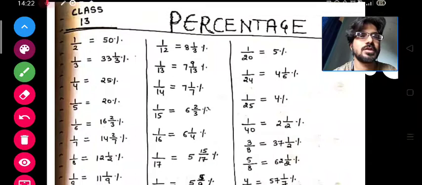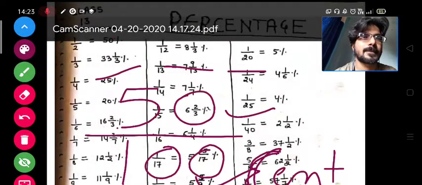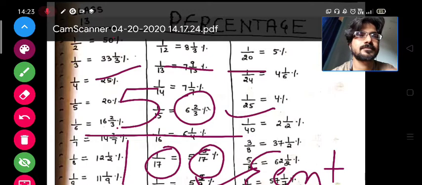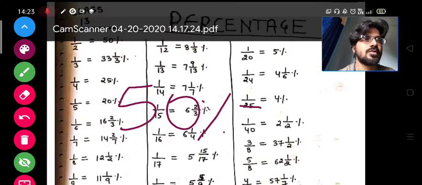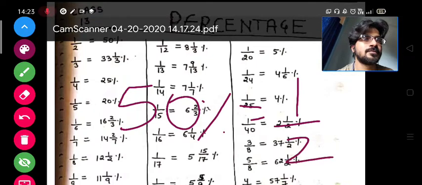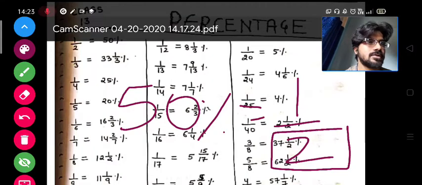What is the meaning of 50%? We know that the value of 50% is 1 by 2. So when you get this value, obviously you have divided by 100 and you get the value of 1 by 2. This thing is called the original quantity. This is the original value.